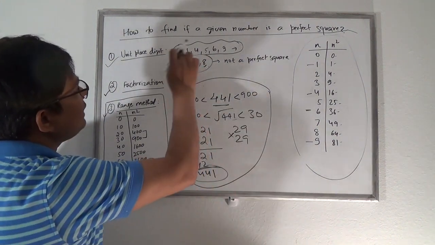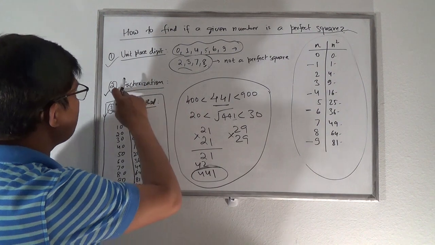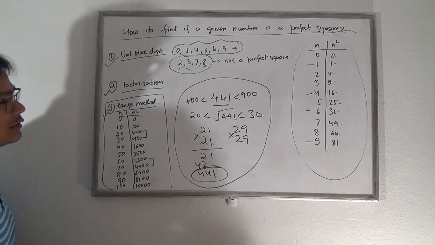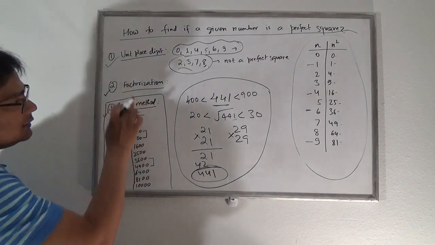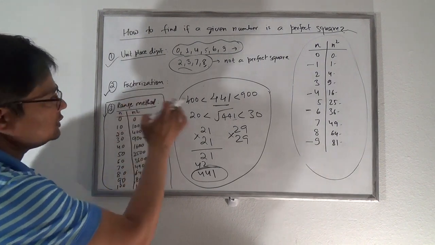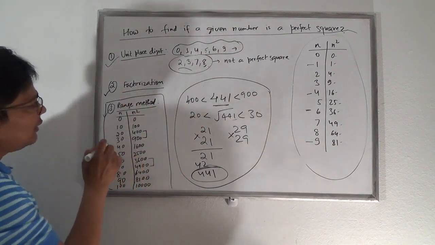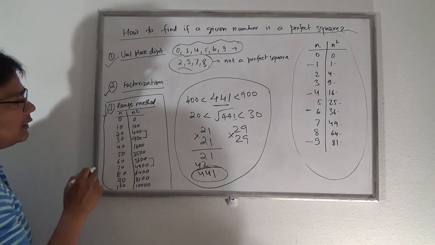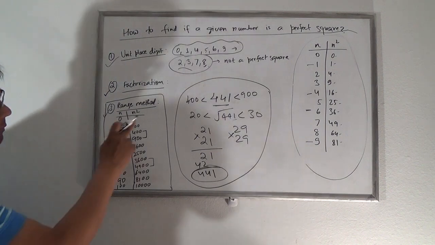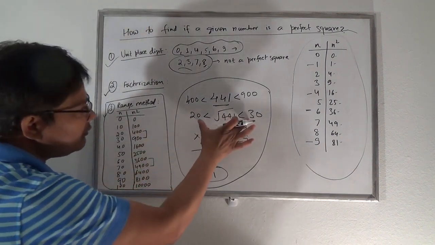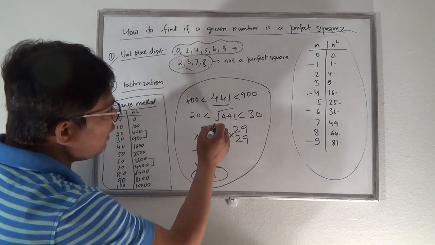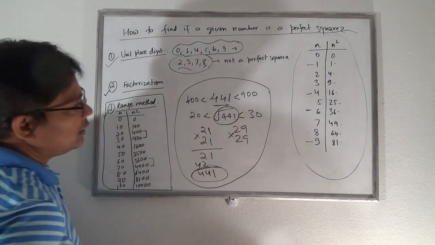And if one of the other digits is at the unit place, then you have to apply either prime factorization or this range method. Prime factorization, if the given number is small, you can try, which I already explained. But if you have a big number, I recommend using this range method, because by applying it, you can find the range for the square root of the given number.